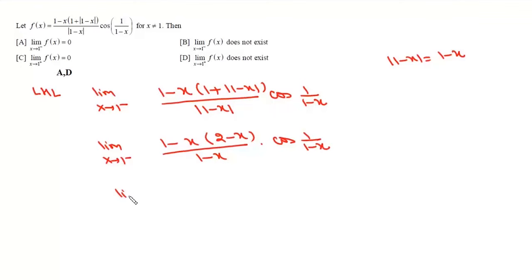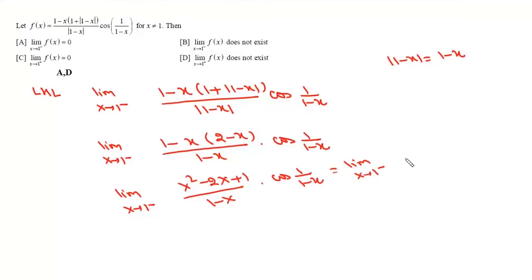Now this is limit x tends to 1 negative, and here will be (x² - 2x + 1)/(1 - x) cos(1/(1 - x)). Now this is (1 - x) whole square, which will cancel with 1 - x, so it will be this limit x tends to 1 negative (1 - x) into cos(1/(1 - x)).